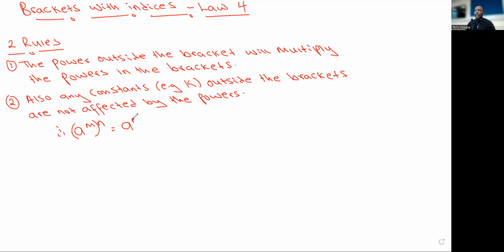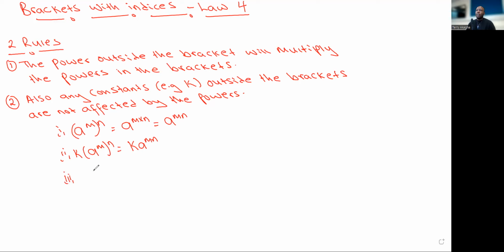So that'll be a to the power m times n, and that will give you a^(mn). Can you see? And also, I told you that the constant outside the bracket is not affected by the powers. So this is going to give you k a^(mn). So m will multiply n, but it will not affect k, okay?